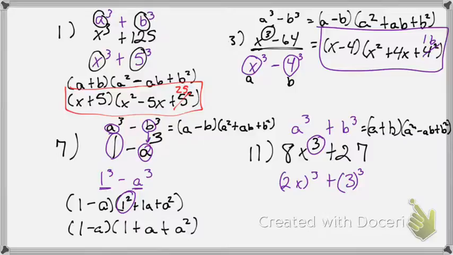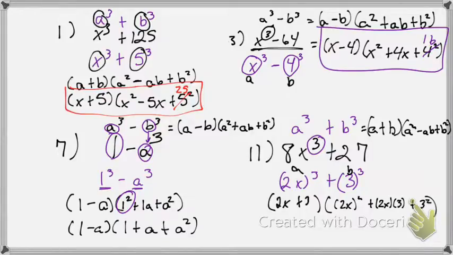Now we fill in, so we have our first parentheses, a plus b. We've got a is 2x, b is 3, 2x plus 3. Second parentheses, we have 2x squared plus 2x times 3 plus 3 squared.